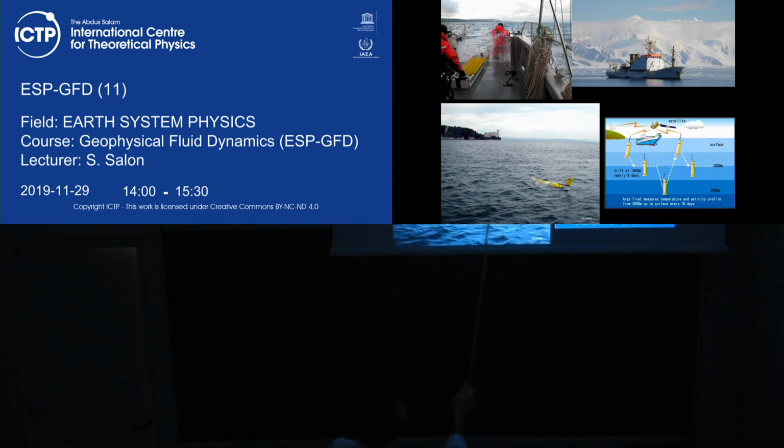Okay? This is another system. Does anyone know this? Glider. This is a glider which is, let's say, like a robot. Well, both of them are robots. They can be piloted, and we can use them, and they also save money because a ship like this can cost 100,000 euro per month, even if it doesn't sail.